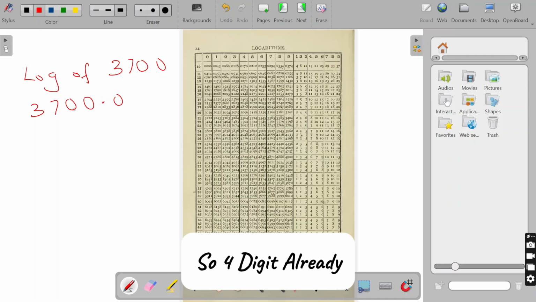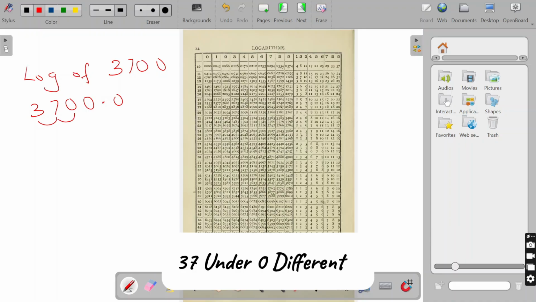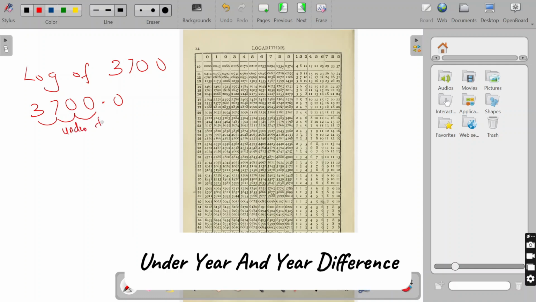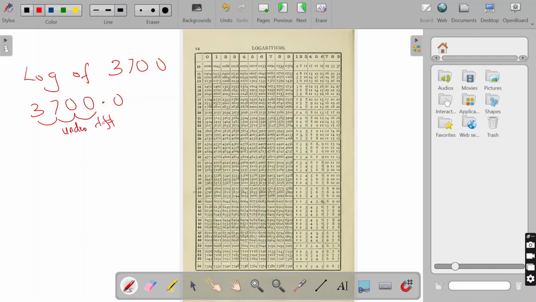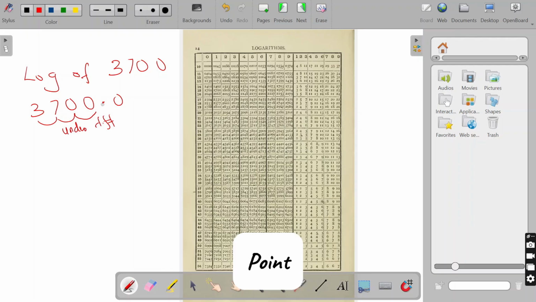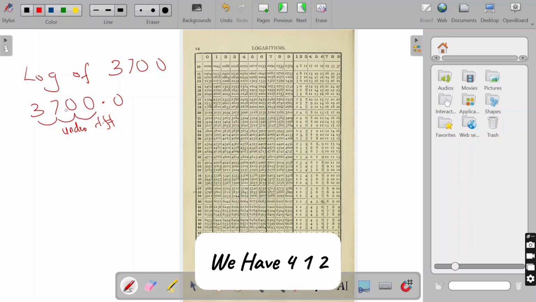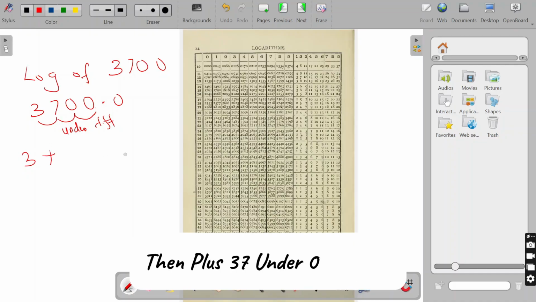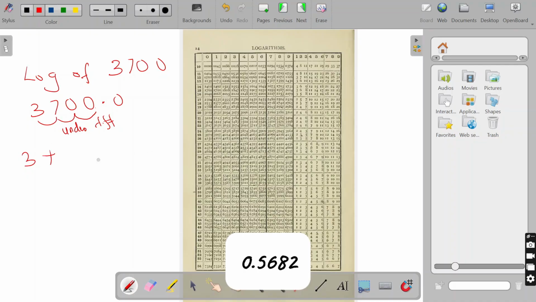You call it the same way: 37 under 0 difference 0. But how many digits before the decimal point? We have 4: 1, 2, 3, 4. Four digits before the decimal point. You remove 1. That will be 3. Then plus 37 under 0 again, which is 0.5682.